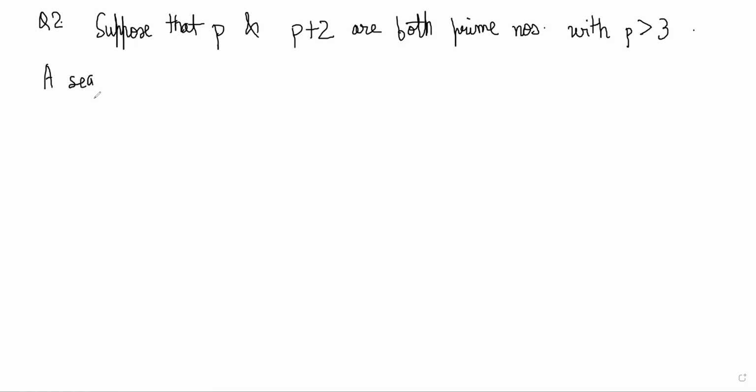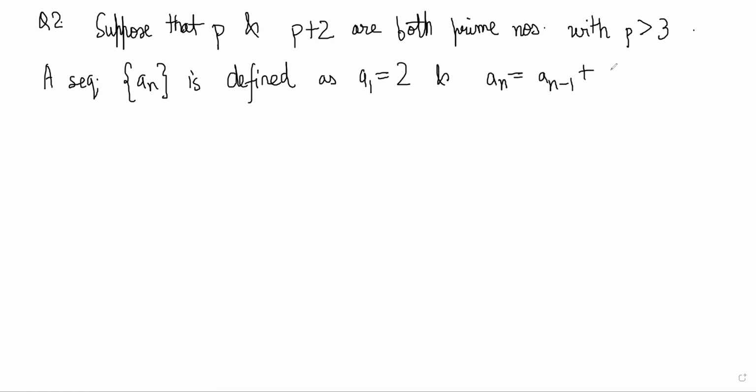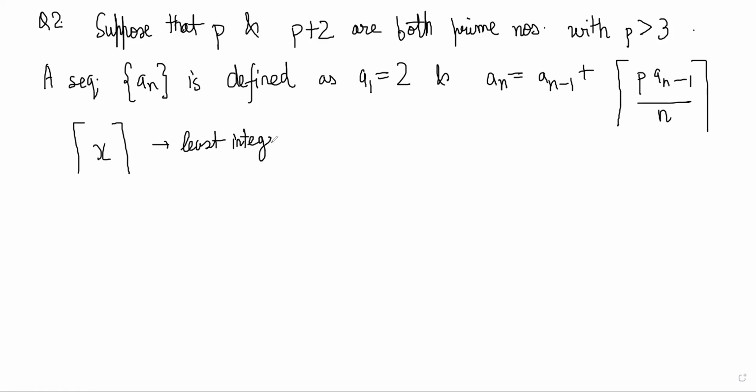A sequence a n is defined as a1 is equal to 2 and a n is equal to a n minus 1 plus the least integer function of p a n minus 1 by n. Here, this function means the least integer greater than or equal to x.